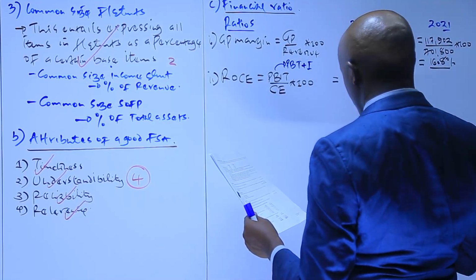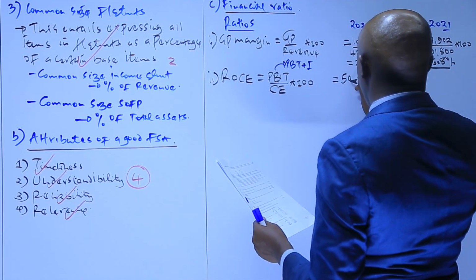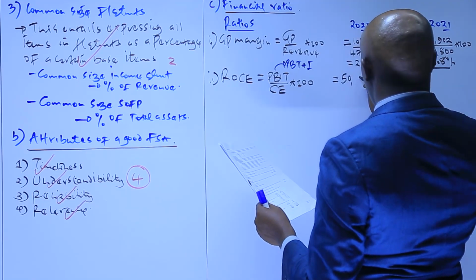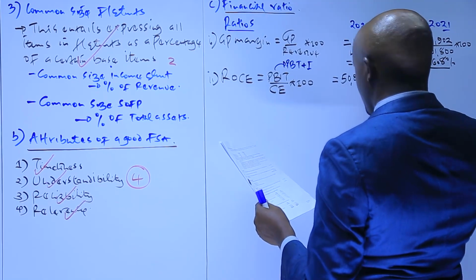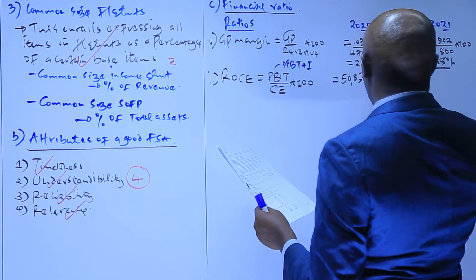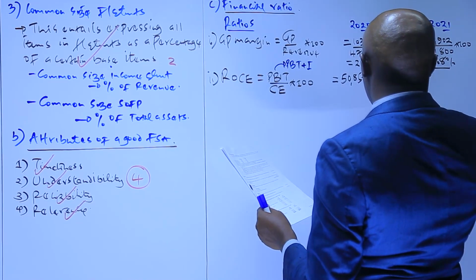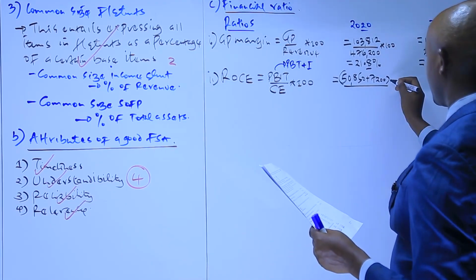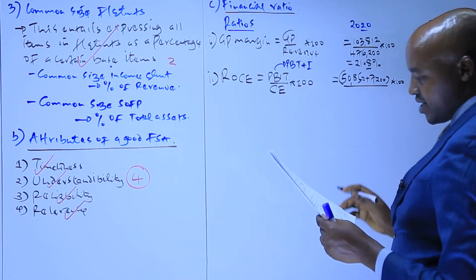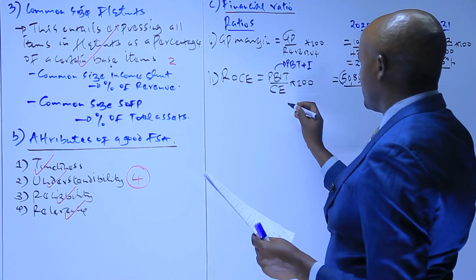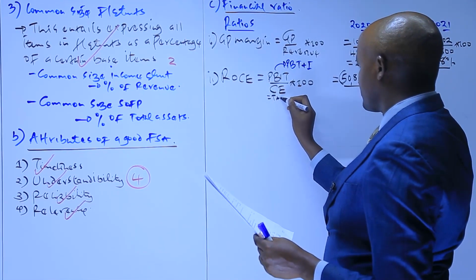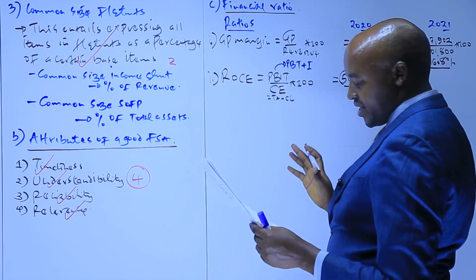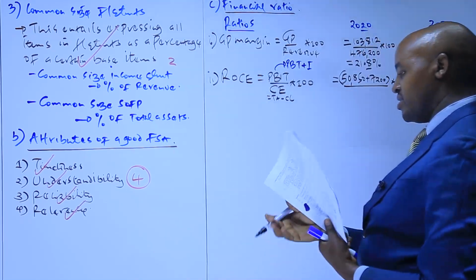So let's do that. We take the profit before tax, 50,850, and then we add back interest, or the finance cost for that year, which is 7,200. That now will give us the profit before interest and tax. We divide that with the capital employed. I've said you can take the total assets minus current liabilities, and that is the formula we are going to apply here.